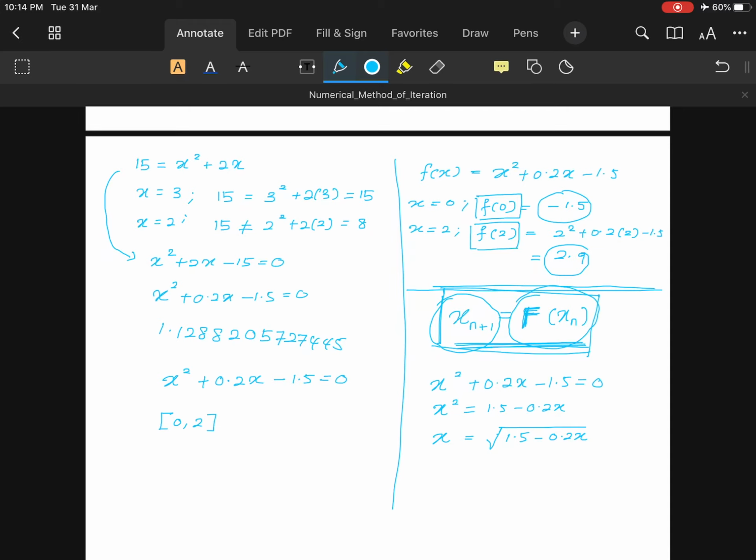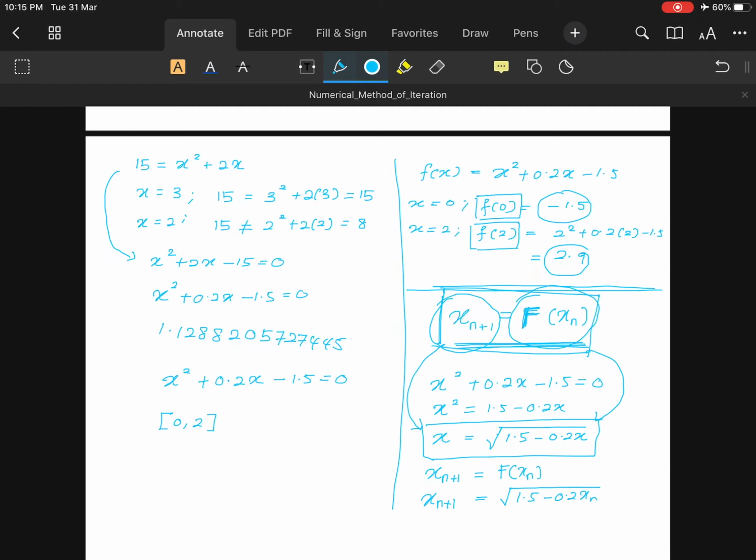So now if we compare this form to this form, I can say that the form looks similar in a sense that if I say this is x_{n+1} and this is technically the f(x_n), I can write this as x_{n+1} equals the square root of 1.5 minus 0.2x_n.